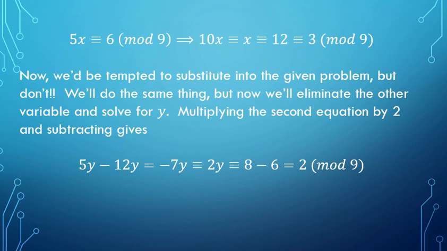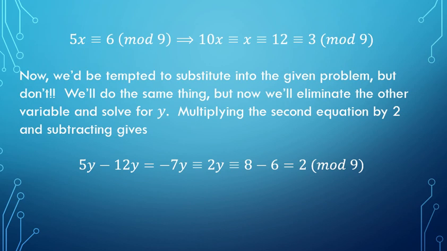So typically we're subtracting 9s from numbers to get down to something smaller. In this case, I'm going to add 9s until I get a positive whole number that's less than 9. Negative 7 is congruent to 2 mod 9. I just added 1 nine onto the negative 7.